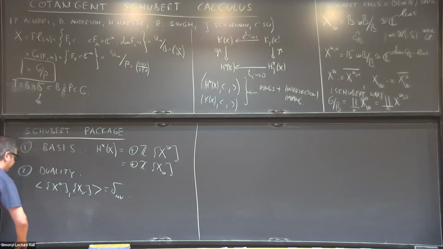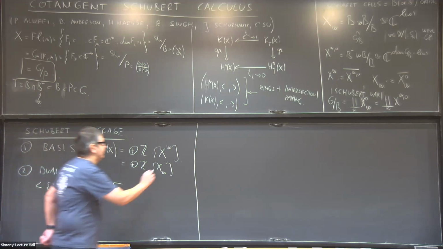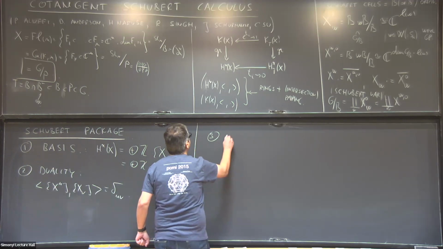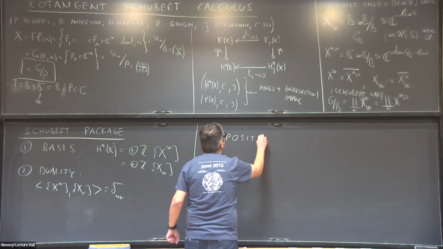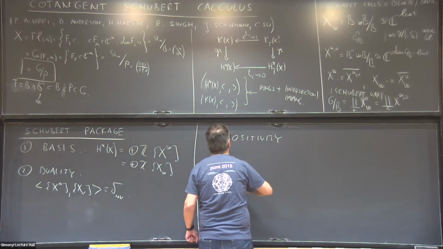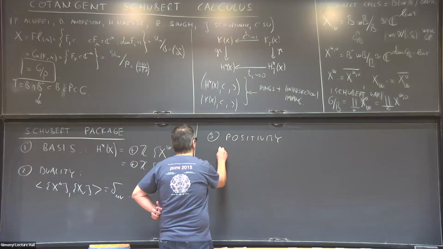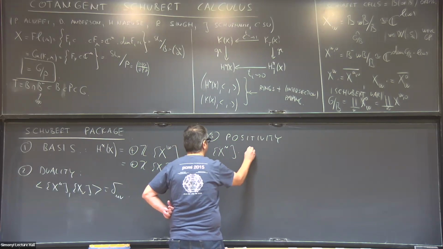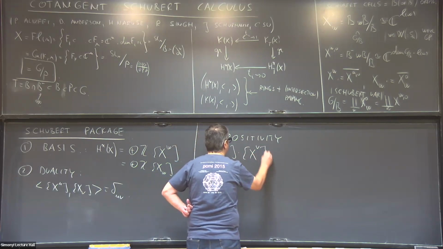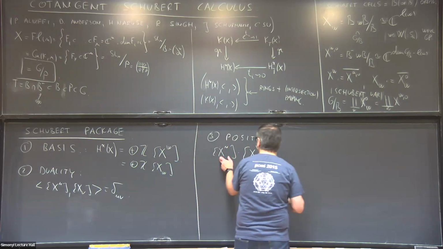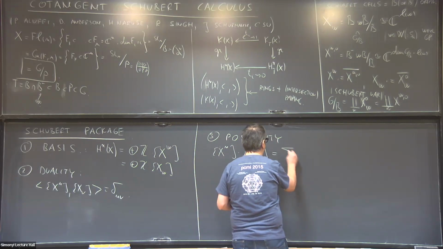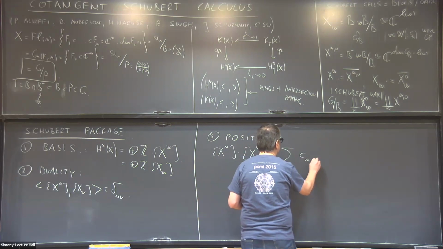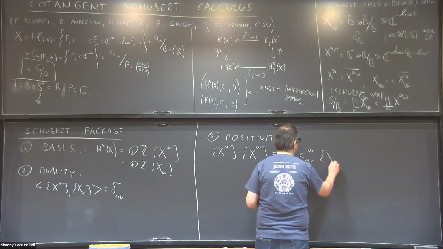Maybe we want to talk about positivity. Let's write it here. So positivity. What is positivity saying? It's saying that, let's say you want to multiply two Schubert classes together. So now I want to get these versions which are good for cohomology calculations. So you get some coefficients.